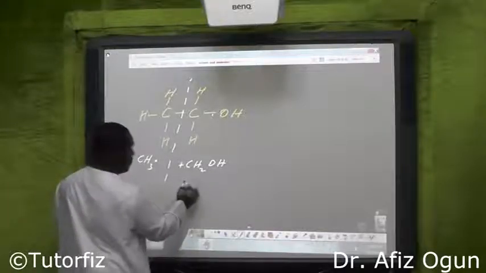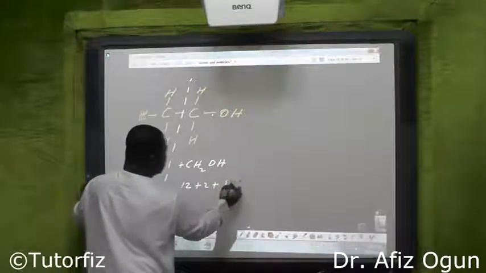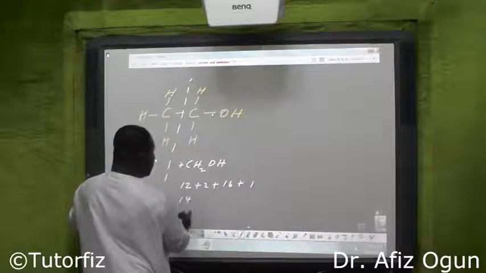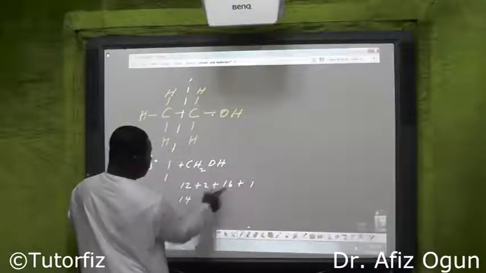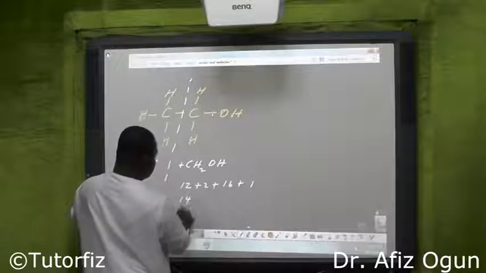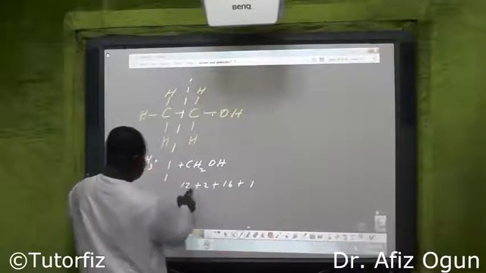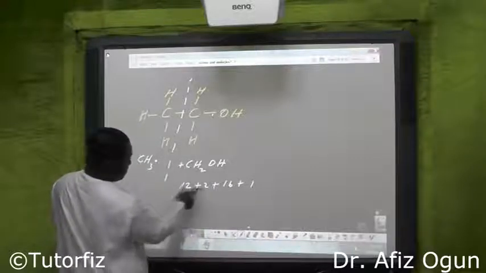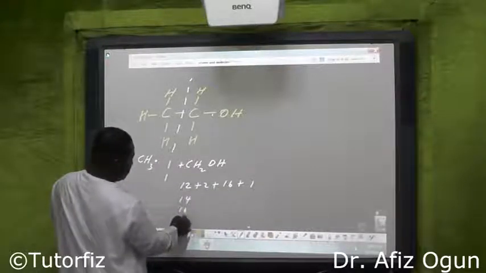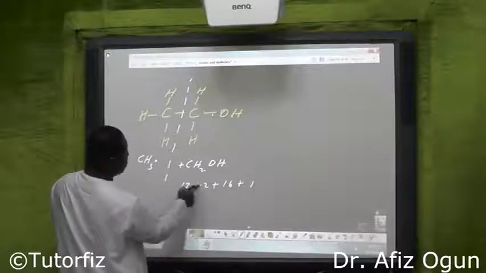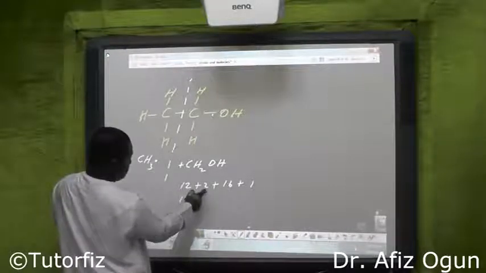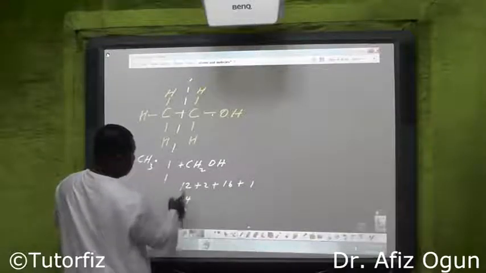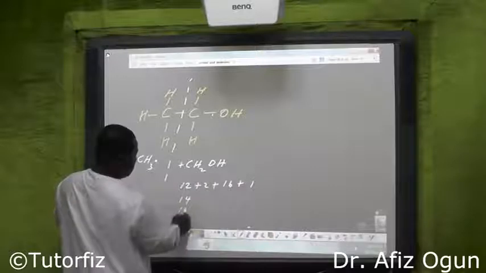We have 12 plus 2 plus 16 plus 1. This 12 plus 2 is 14. If it breaks there, 14 plus 16 is 30, plus 1 is 31.